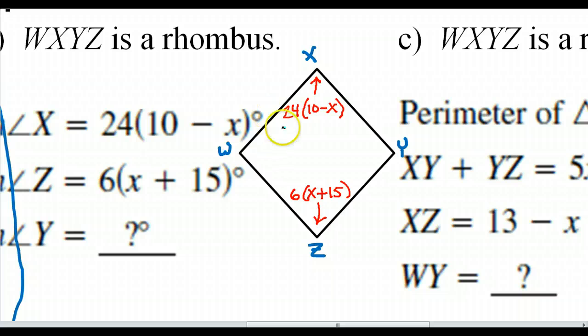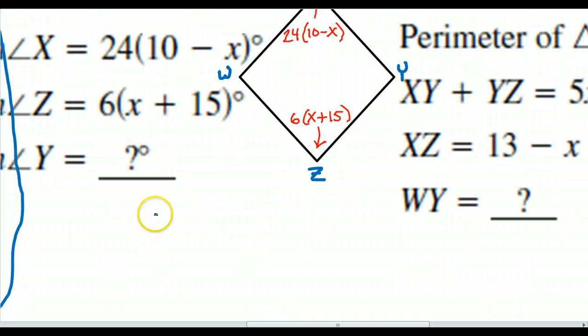So this is a rhombus, which is a parallelogram. So opposite angles will be congruent. So we can definitely make this equation. So that means 24 times 10 minus x should equal 6 times x plus 15.